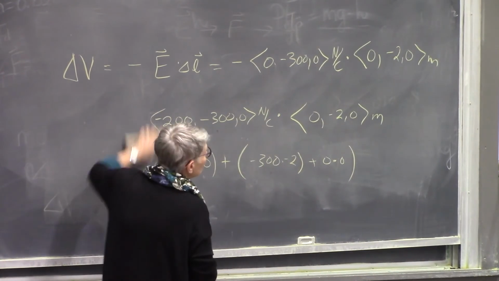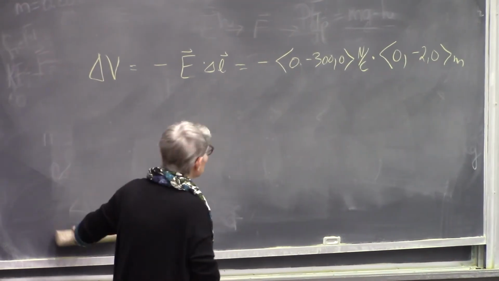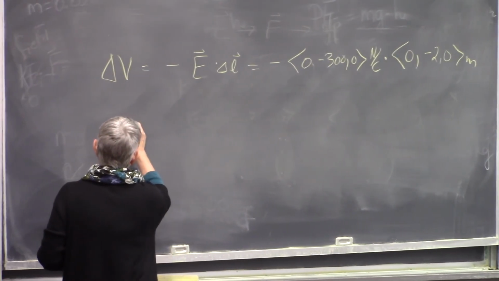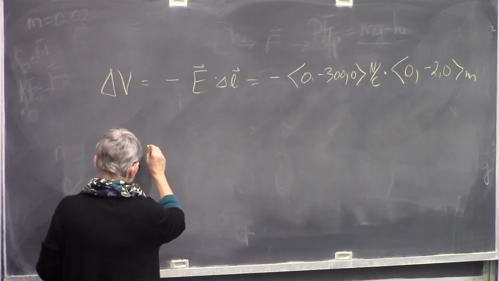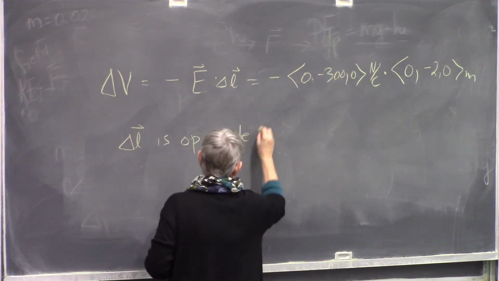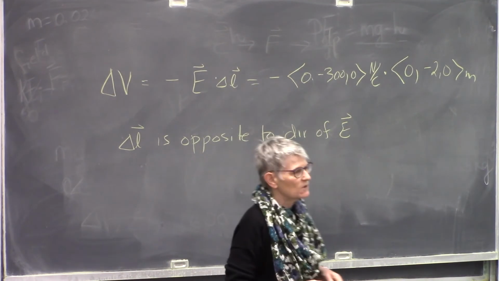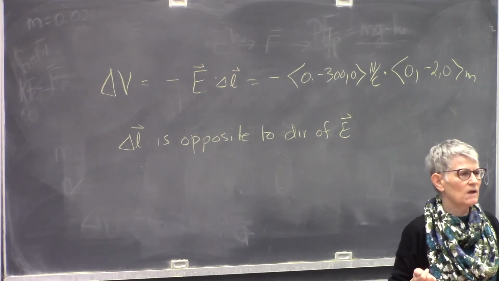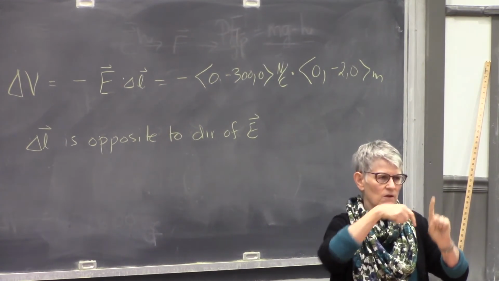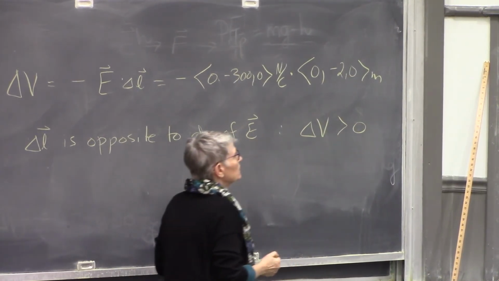We saw that when the direction of displacement along your path, and this is why it's so important to get the beginning and ending of the path right, is in the opposite direction from the field, the potential difference ended up being positive.